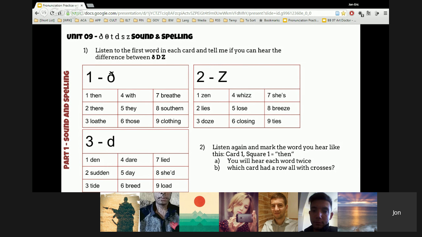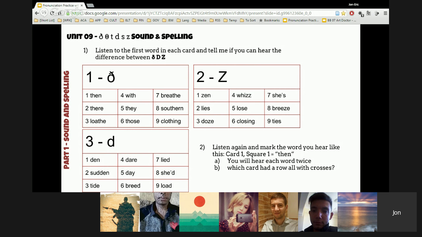Okay. Well, it's the same thing that I did in the beginning. That's why that was the example, but it wasn't clear. Okay. For example, if I call out then, which is 1-1, then, which is 2-1, with, which is 1-4, she's, which is 2-7, breathe, which is 1-7, exactly.